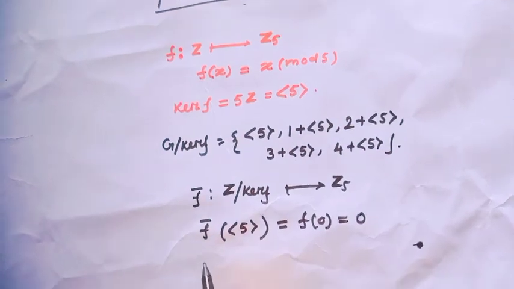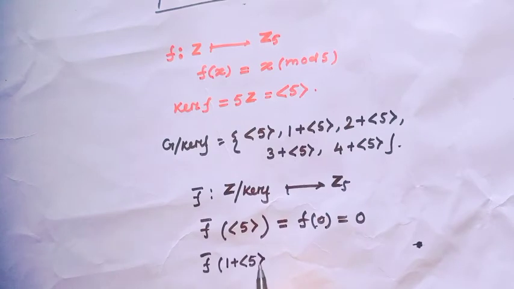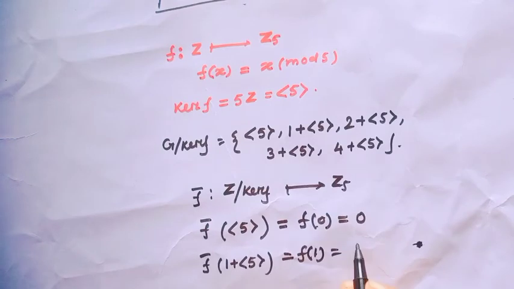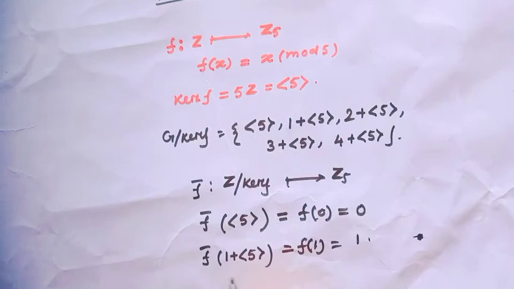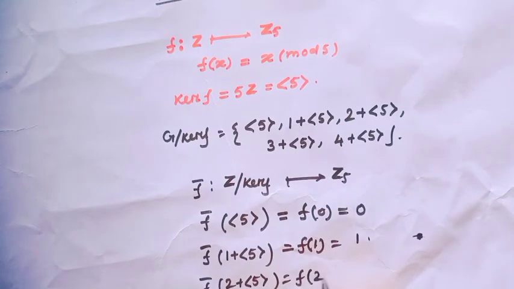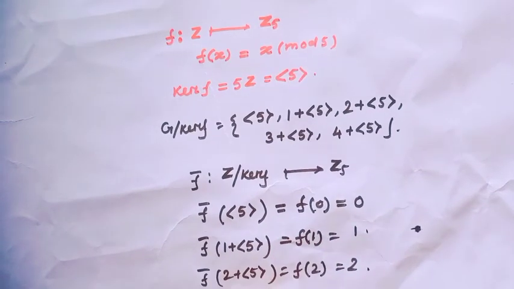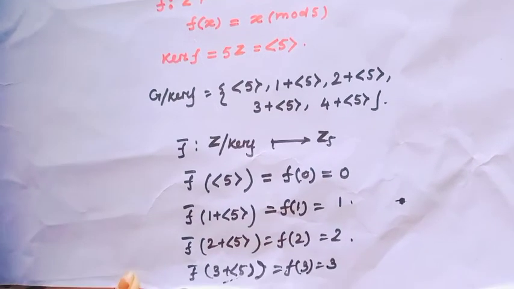Similarly, f bar of 1 plus the cyclic subgroup generated by 5 equals f of 1, which equals 1. f bar of 2 plus the cyclic subgroup generated by 5 equals f of 2, which is 2. f bar of 3 plus the subgroup equals f of 3, which is 3.